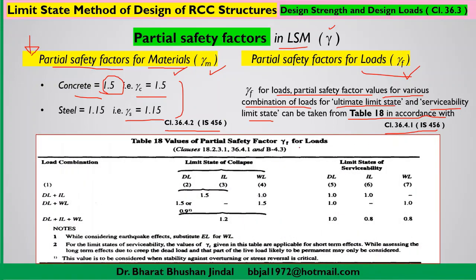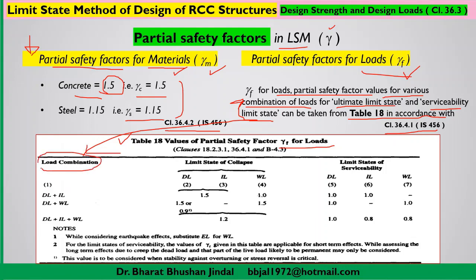Now this is table number 18 which we have taken from IS 456. The value of partial safety factor gamma F for various types of loads. As we have discussed, various load combinations are there.